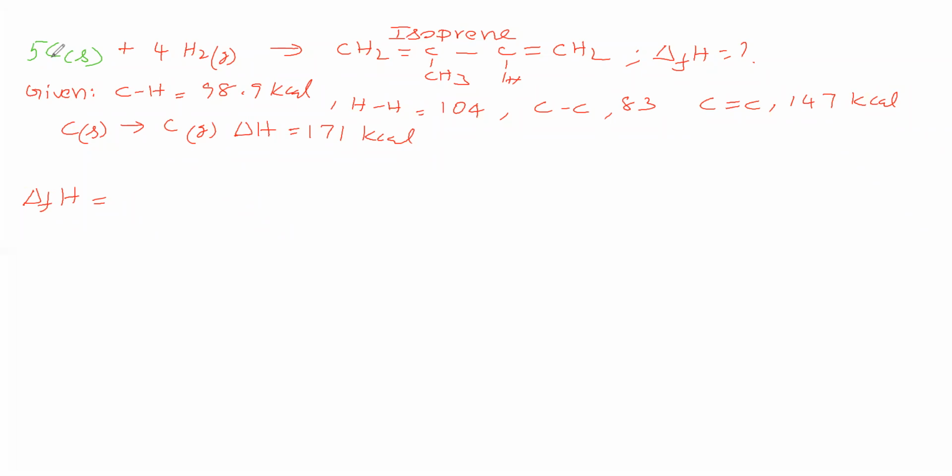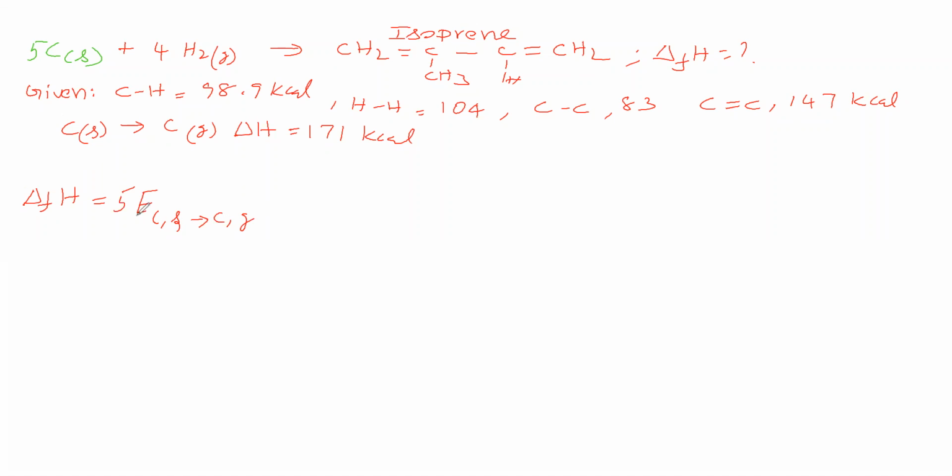Carbon solid converting into carbon gas is an endothermic process. For that energy is required. So energy required to convert carbon solid into carbon gas. How many moles? 5 moles.